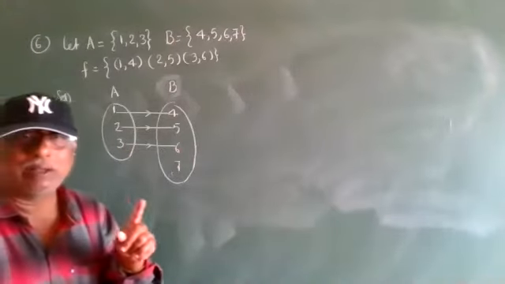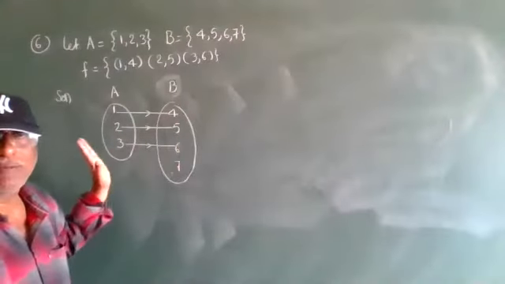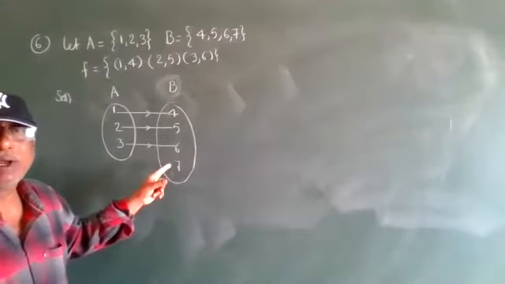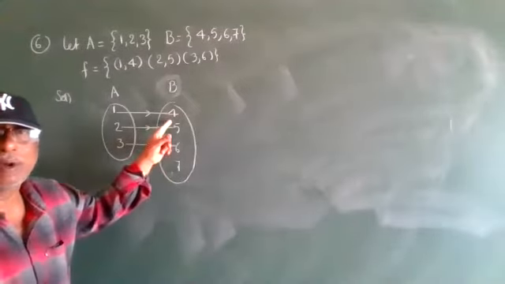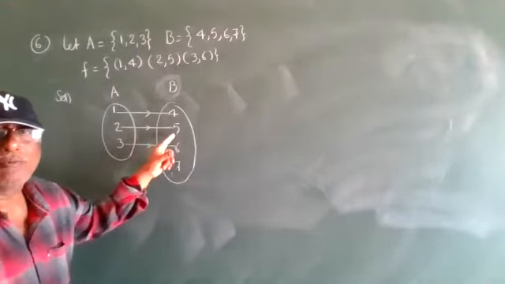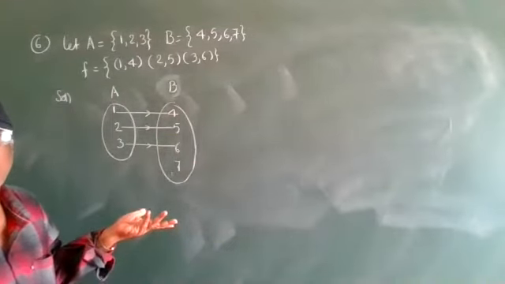One element has one image. Therefore, it is one-one, not surjective. Why is it not surjective? Codomain is 4, 5, 6, 7, but range is 4, 5, 6. Not equal, so range is not equal to codomain.